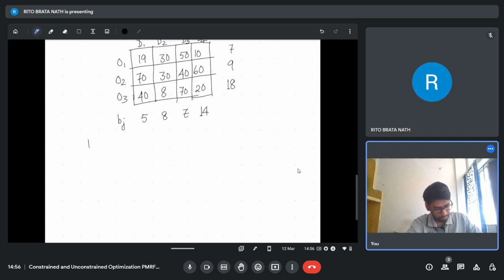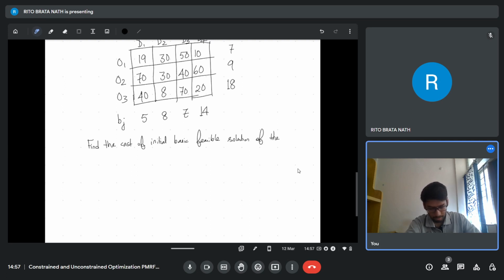The problem asks you to find the cost of the initial basic feasible solution of the transportation problem by the row minimum method.